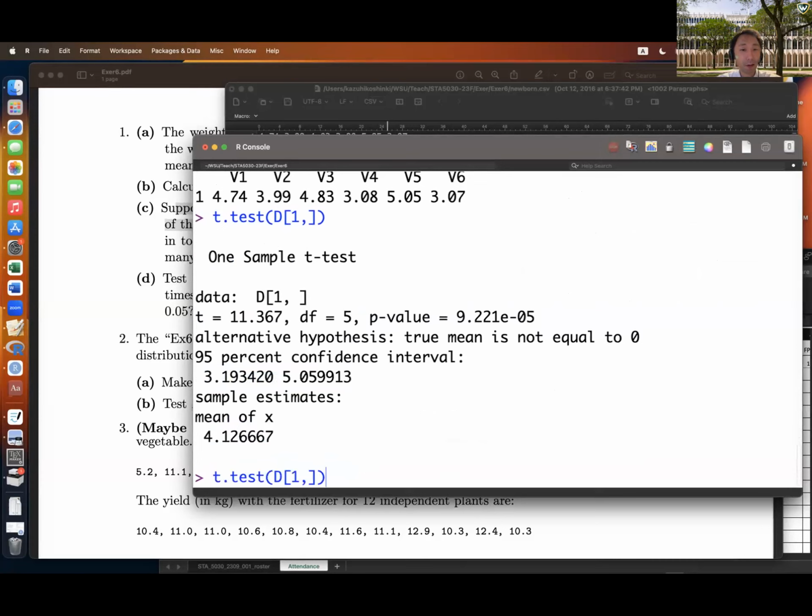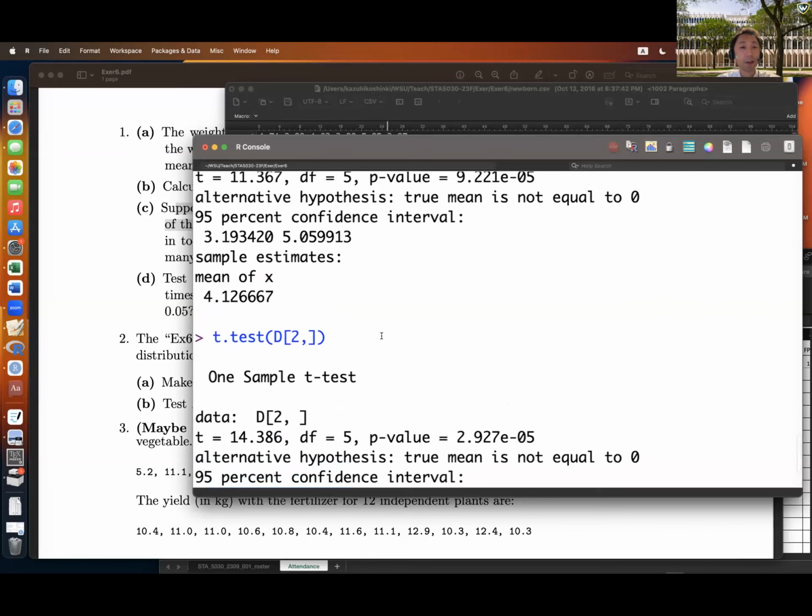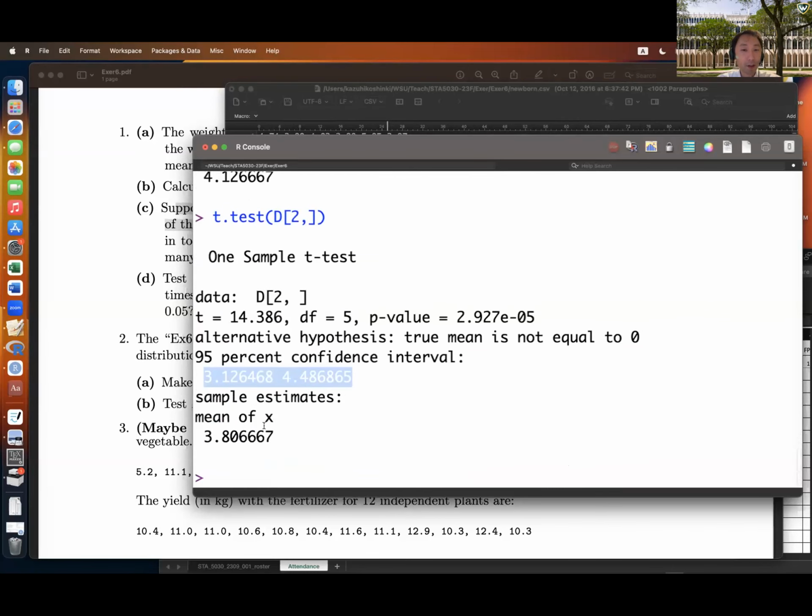And the second interval, again, includes 4. This is 3.12 to 4.48. I think most of the time it includes 4. But maybe this one just barely includes 4: 3.06 to 4.037.